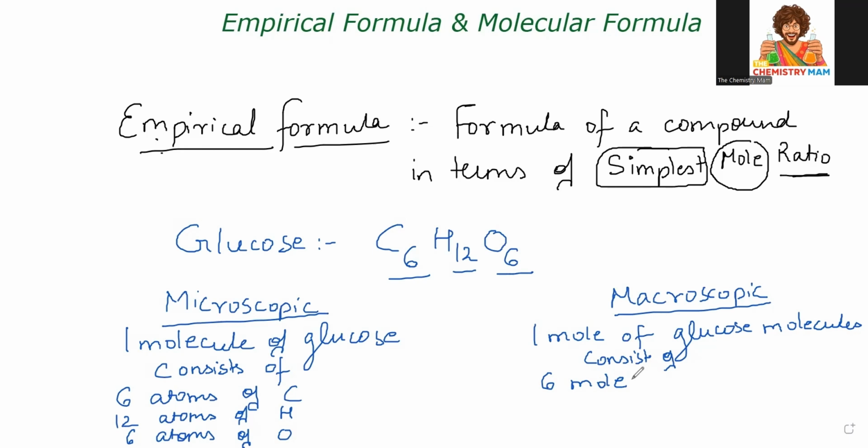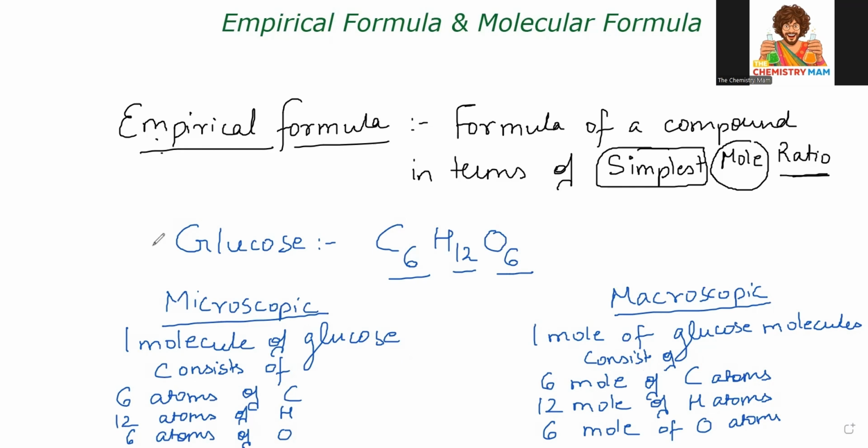As I said in the video number one, tip number one was that the interpretation and calculation remains the same whether you are dealing in microscopic or macroscopic level. So 6 mole of carbon atoms, 12 mole of hydrogen atoms, and 6 mole of oxygen atoms.